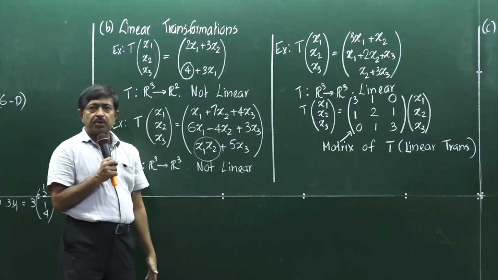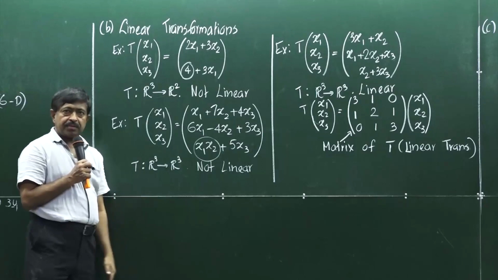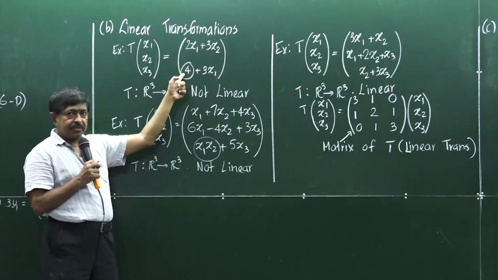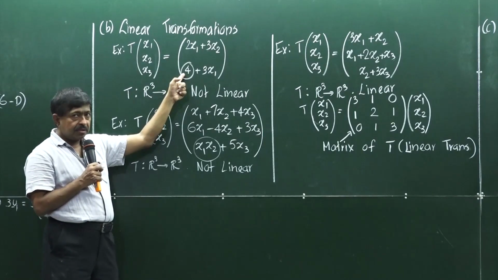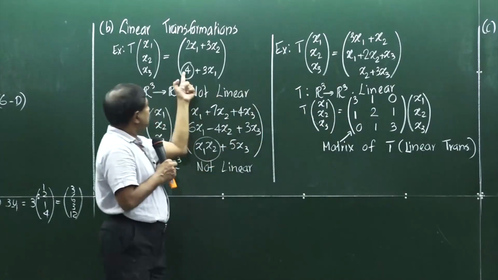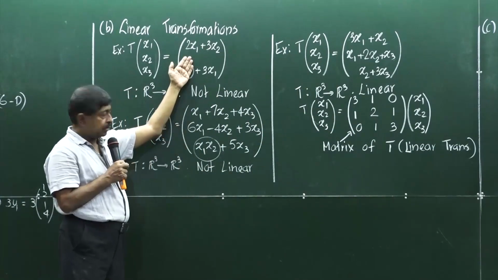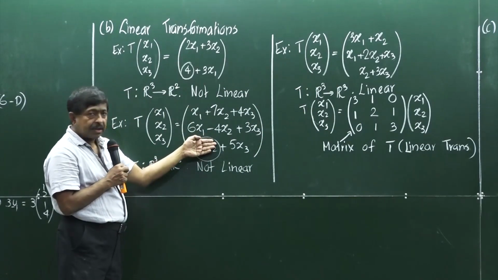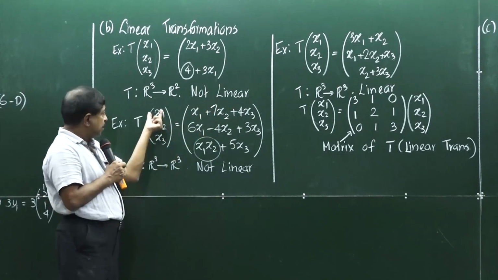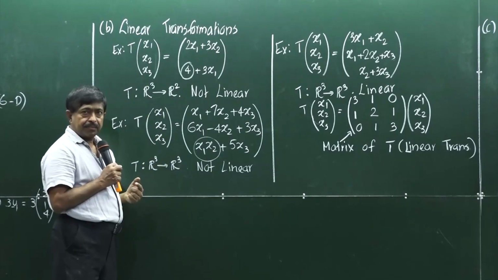That's the only thing you need to know in linear transformations. Here, because of this, the transformation is not linear. If you try to write it like this, you cannot. Because of this 4. If you delete this 4, you can. Again, if you delete this part, you can write it as a product of two matrices, where on the right hand side you get x1, x2, x3.